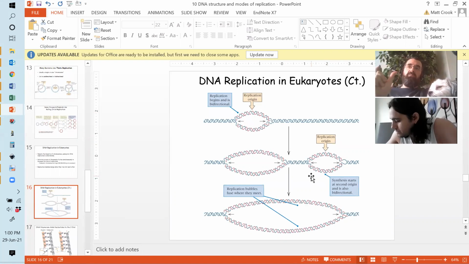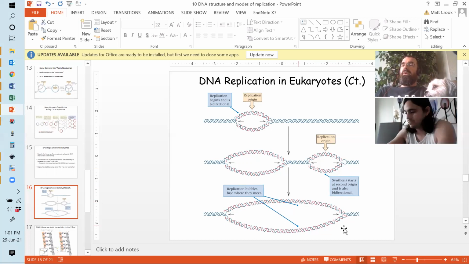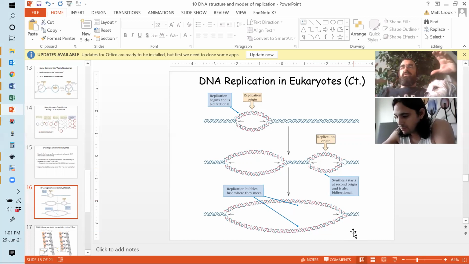The same occurs from the other origin. When those forks hit each other, you then have one large replication bubble. This happens all the way along. That large replication bubble is going to start expanding and hit another large one, and it just keeps happening until you end up with two distinct copies, your sister chromatids.